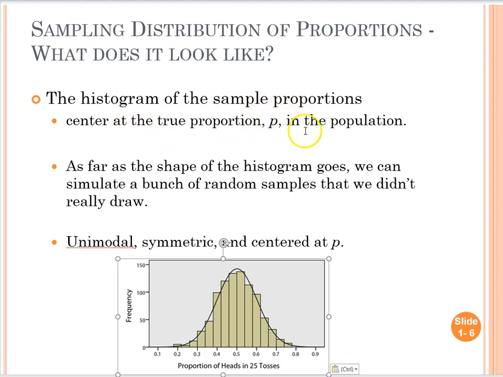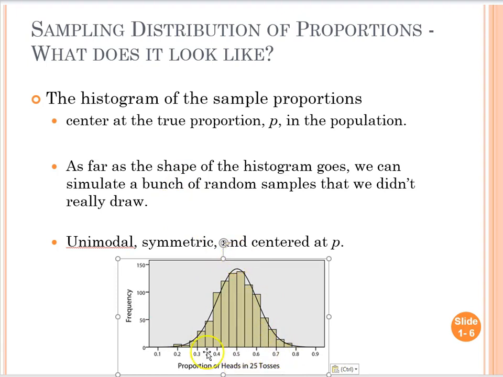So if the true proportion of people who believe in ghosts is 10%, then our samples are going to be centered around 10%. Sometimes we'll get more than 10%, sometimes we'll get less than 10%, but it'll be centered around that true proportion.